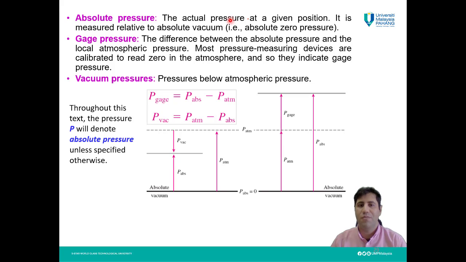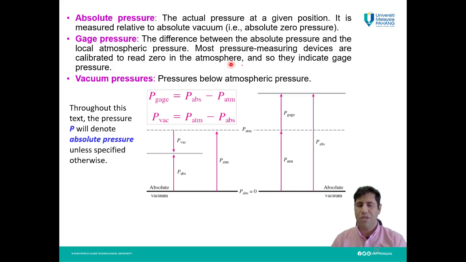How can we measure the actual pressure? We should remove the atmosphere pressure from the measured pressure, or the gauge pressure. So the difference between the absolute pressure and the local atmospheric pressure is gauge pressure. Most pressure measuring devices are calibrated to read zero in the atmosphere, and so they indicate gauge pressure.